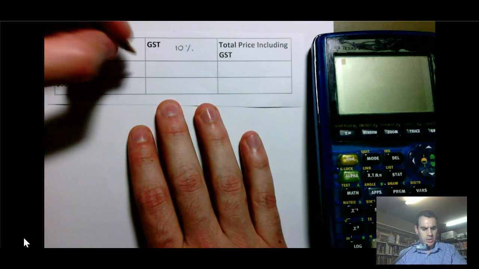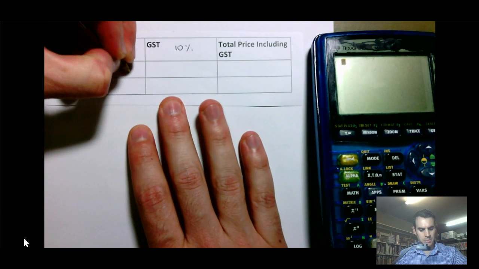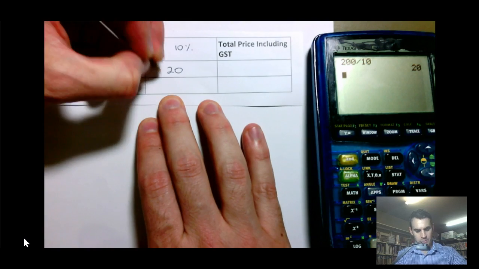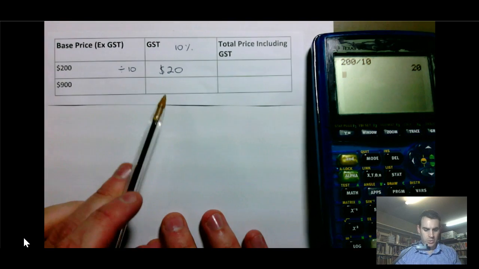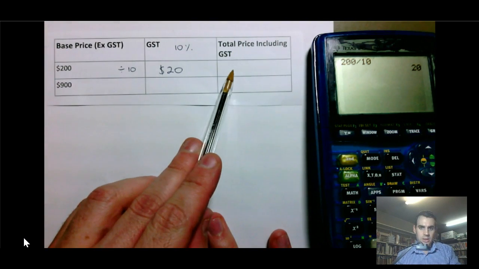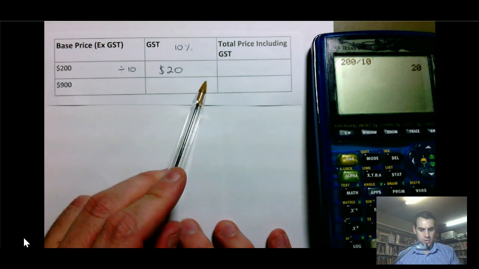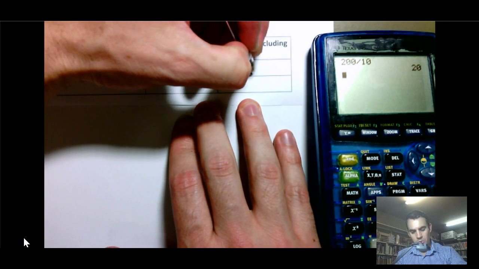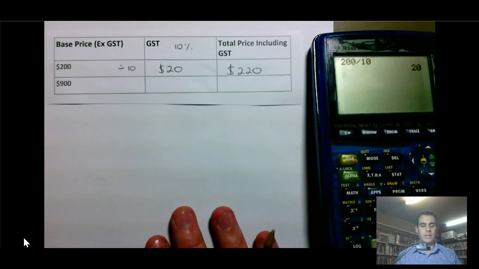So I'm just going to divide this by 10 on my calculator. If I go 200 divided by 10, I get 20. So the GST component is $20. So the total price including GST will be the 200 plus the 20. So the total price that the consumer will pay is $220.